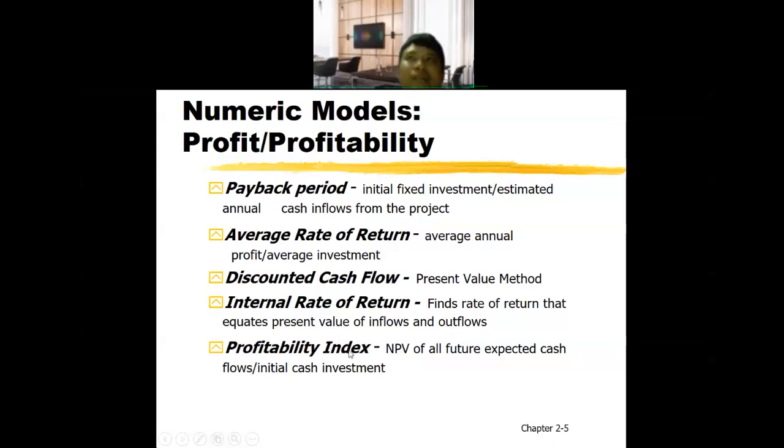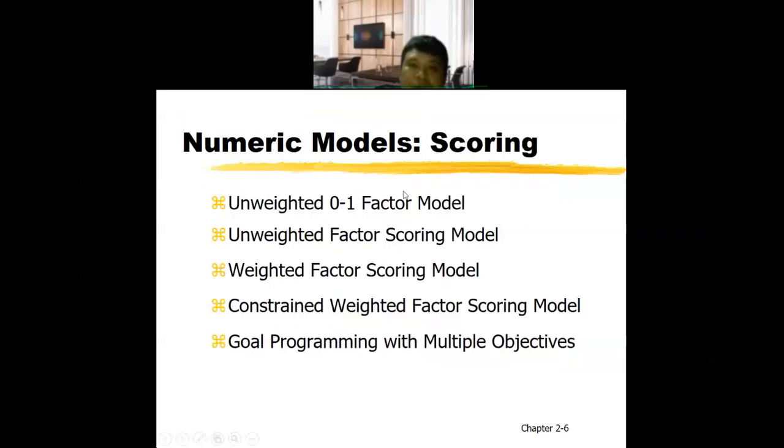So numeric models are more about profitability. It is talking about the business and the profit, so if you have a model for the business, it is suitable for a numeric model. Numeric scoring models include the unweighted 0 to 1 factor model, unweighted factor scoring model, weighted factor scoring model, constant weighted factor scoring model, and goal programming with multiple objectives.